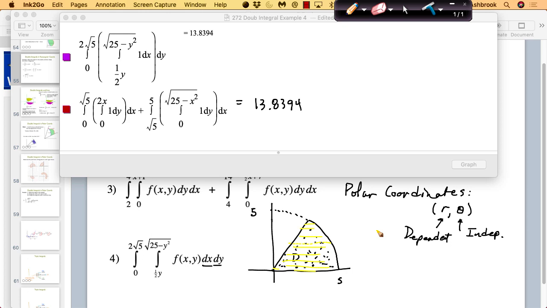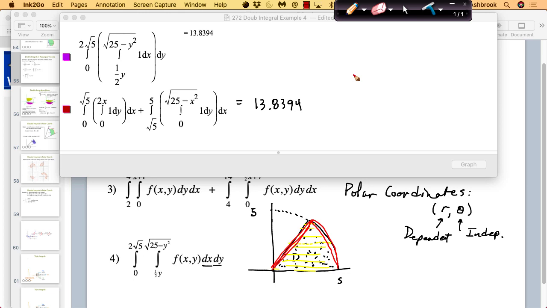That's how it was given, right? As a type 2. Then we rewrote it as the sum of 2 double integrals, bottom to top and left to right. But our top was different, right? Our top was broken up into two pieces, so we needed 2 double integrals because the top was different for different values of x.